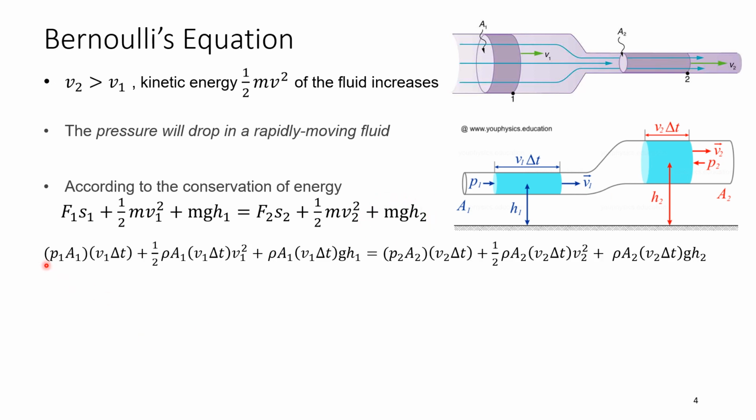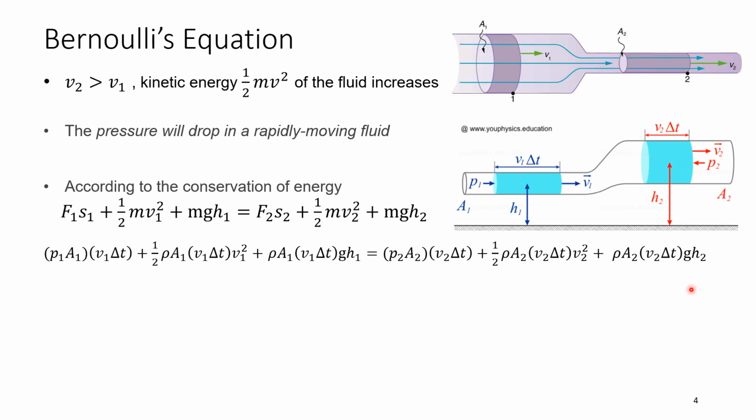And that is P1 A1, which is the force 1, times V1 delta t, which is the distance S1, plus half rho A V1 delta t, the mass of the fluid at this point, times V1 squared, plus rho A V1 delta t, again the mass, times g h1, equals everything at position 2.